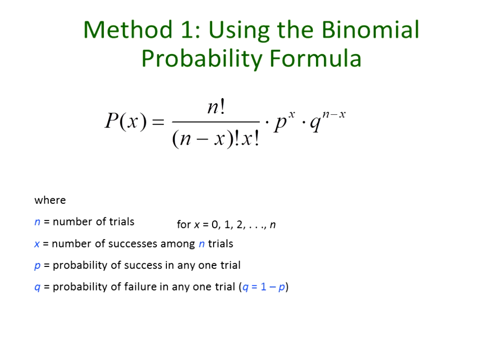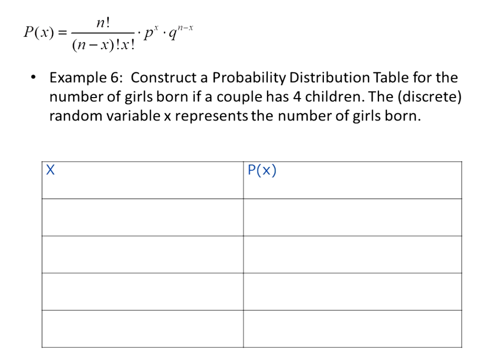All right, so I kind of lost the formula. There it is. This is the binomial probability formula, and it will allow you to find the probability if you have a binomial type problem. Of course, you have to make sure that these restrictions are met, keeping in mind all of the requirements that we have.